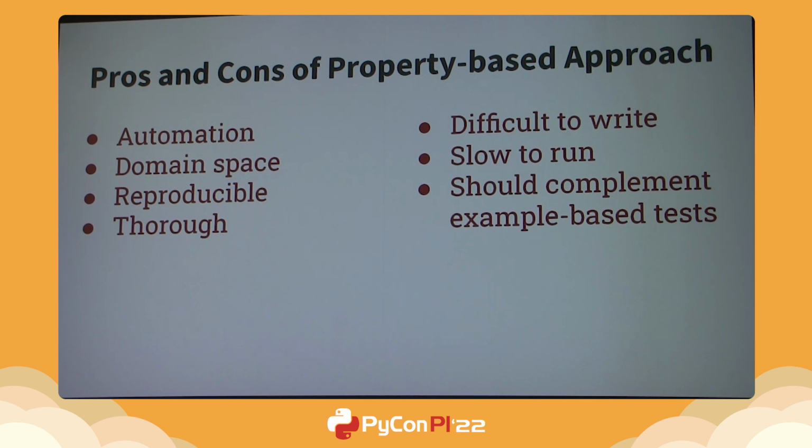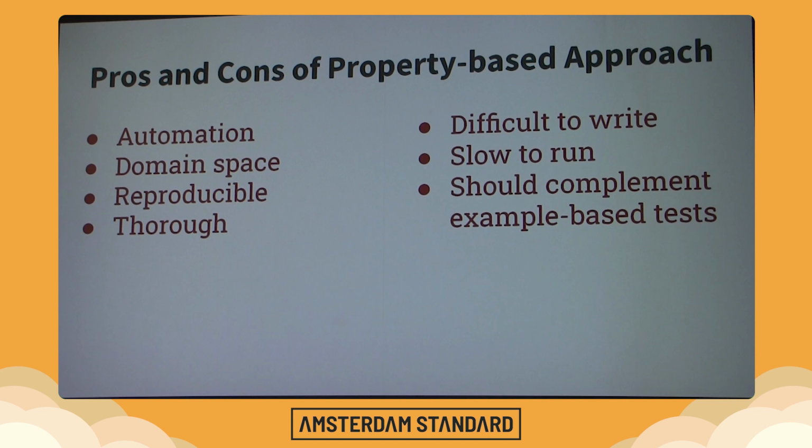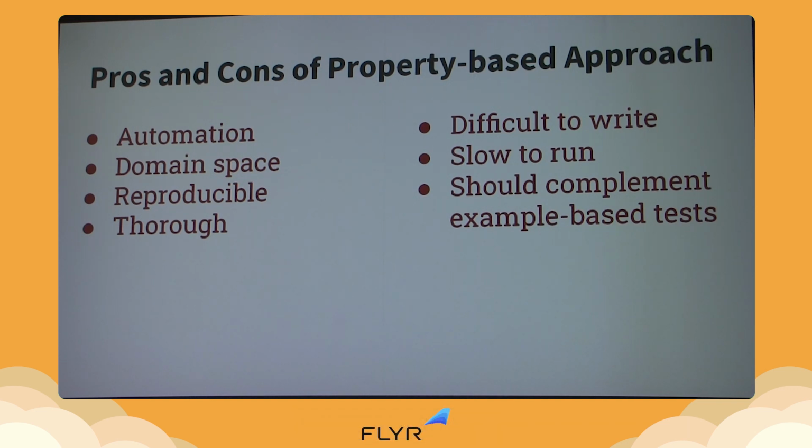And when we have a big range of input data, it helps us catch bugs more easily than in the parameterized approach. It's reproducible. We saw that we reproduced the failing examples, and because it's reproducible, you can share that, for example, with others. You can also use that to debug your code. It's more thorough about the behavior of the software than the parameterized one.